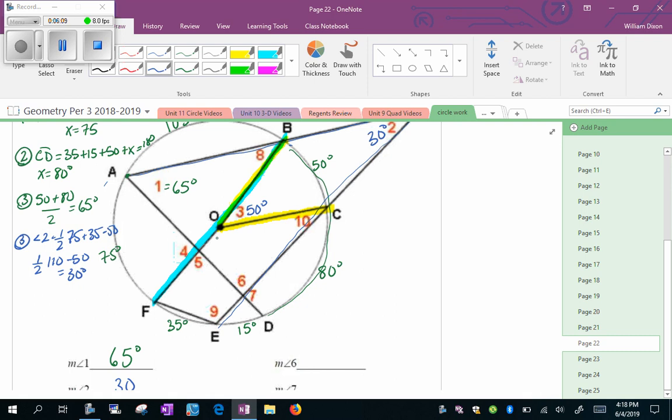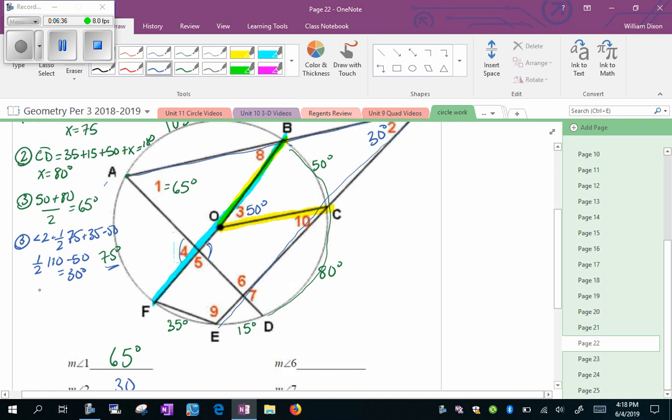All right, let's go for angle 4. So angle 4 is going to be this angle here. We know that it is the average of the two arcs. These two are congruent, they're vertical angles, so it's the average of the two intercepted arcs. We know that one side is 75 degrees.